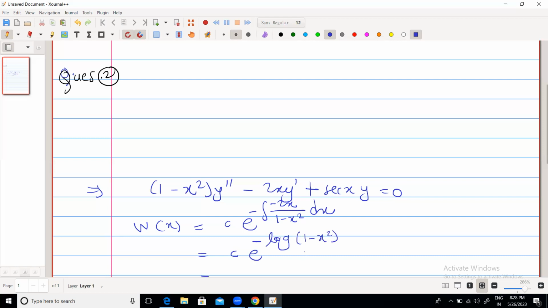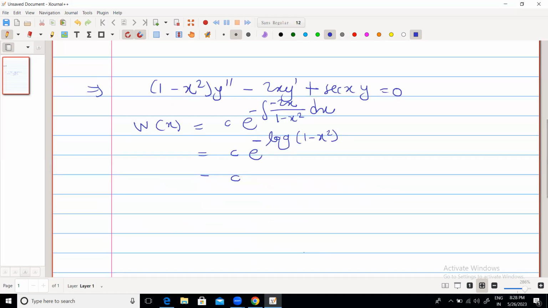So this is c e raised to log of (1 minus x square) raised to minus 1. So this is c into 1 upon 1 minus x square.